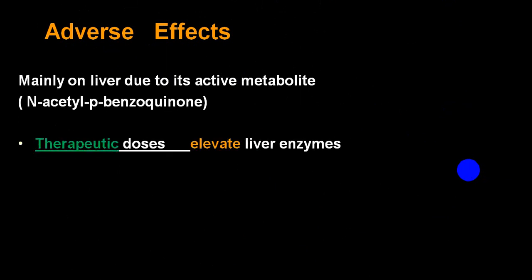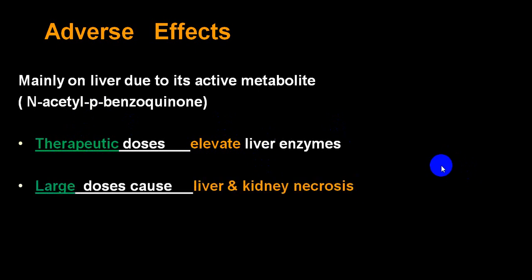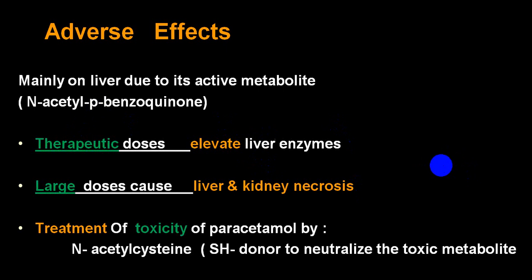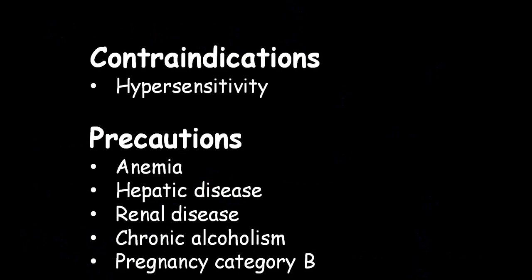Adverse effects: because of this toxic substance, there is damage to the liver, and it elevates the liver enzymes. In a large dose, it can also produce nephrotoxicity and hepatotoxicity. And toxicity of paracetamol can be handled with N-acetylcysteine. So this particular drug can be combined with paracetamol preparations.